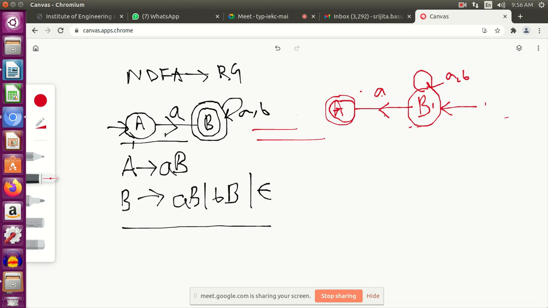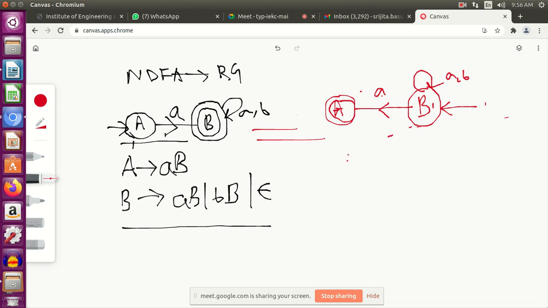Since I have reversed the entire thing, now this one is going to be the final state, and this is going to be the initial state, and the self loop would remain the same, because here the self loop was on the final state, and here the self loop is on the initial state. So I have reversed the finite automata. Okay, now you have to find the right linear grammar for this reversed automata. So we already know how to find the right linear grammar.